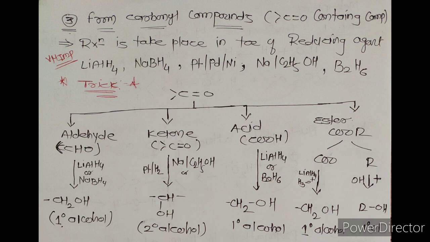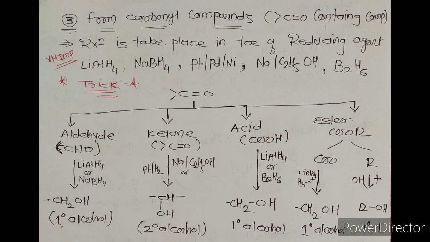We have to remember this because it can be an MCQ: which of the following is an example of a reducing agent. The reducing agents that we have are LiAlH4, NaBH4, any metal like platinum, palladium, nickel, sodium with ethanol, C2H5OH, and diborane.